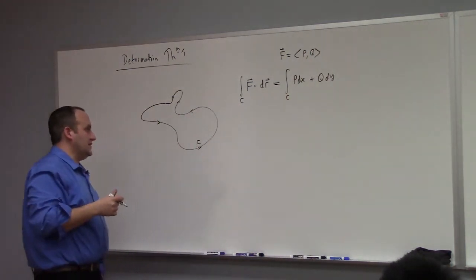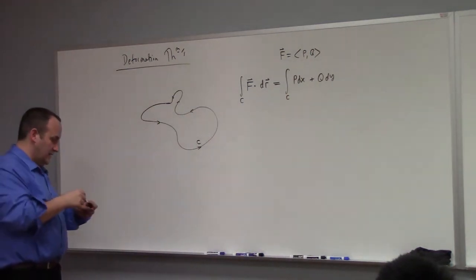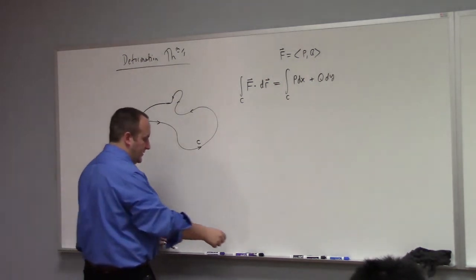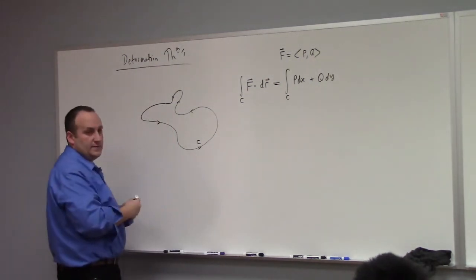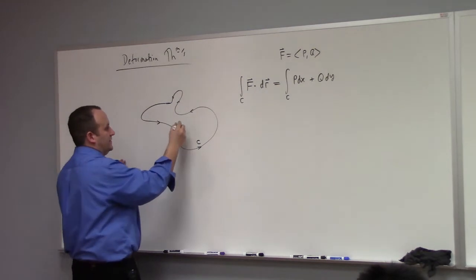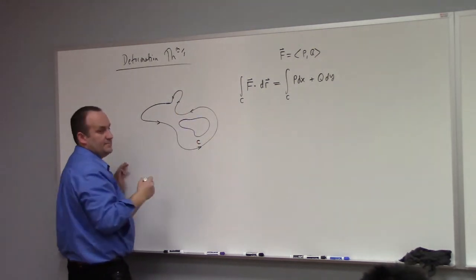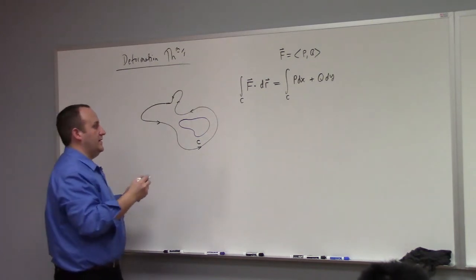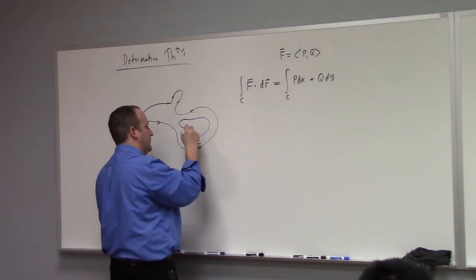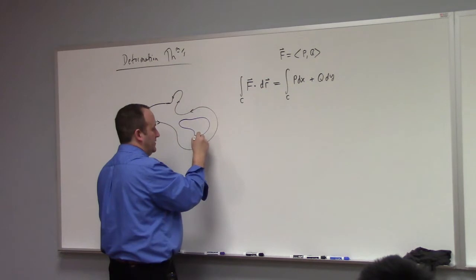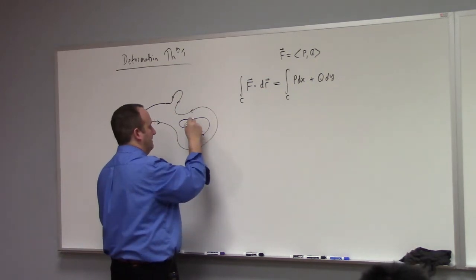So one of the things you can prove is if you had another curve, like say here, like that, and that curve was also counterclockwise oriented, like that.